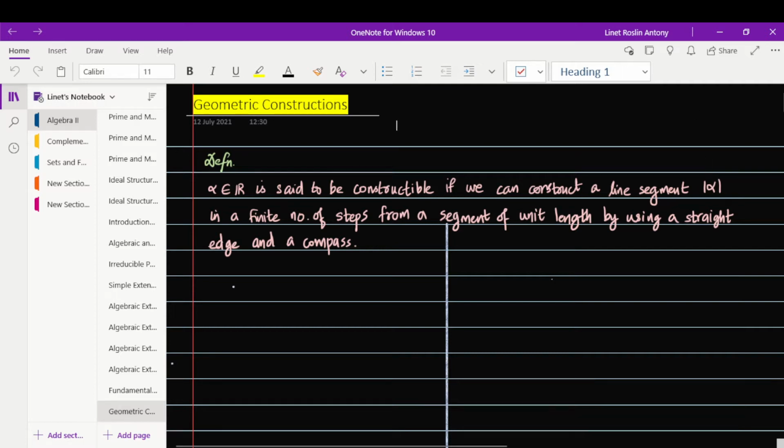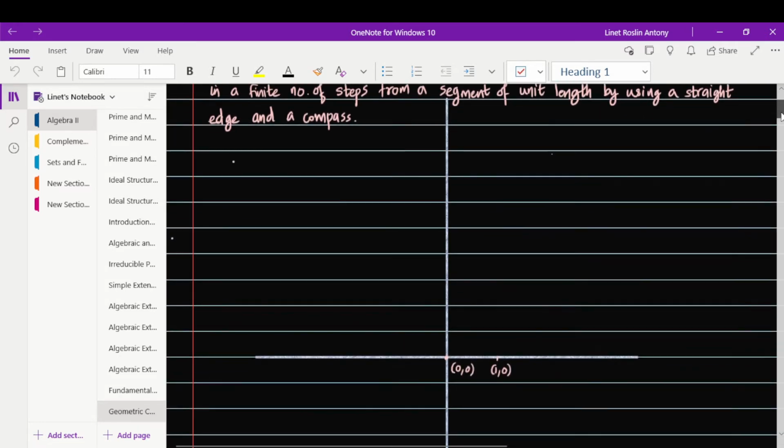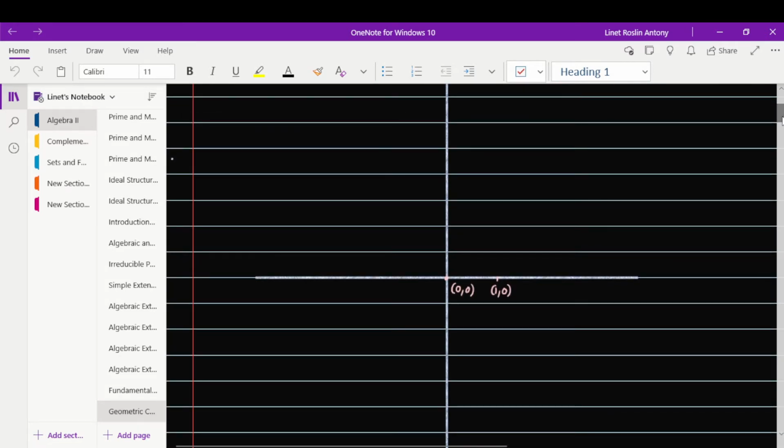Now let's see how this is so. First of all, in the Euclidean plane, plot the origin 0, 0 and 1, 0. We are going to use a compass and a ruler.